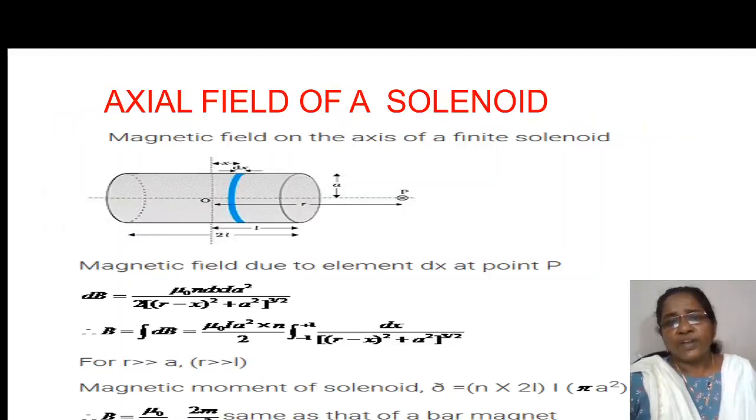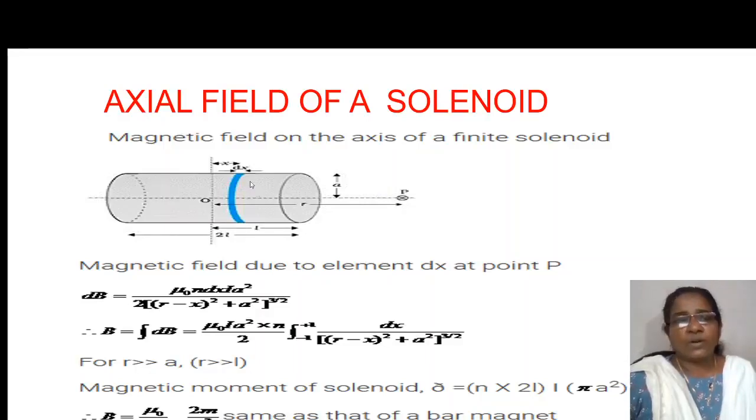Now, we are moving on to the axial field of a solenoid. Solenoid, as you know, you have studied it in 10th class, consists of a copper wire wound in the form of very close loops in the form of a cylinder over a core.